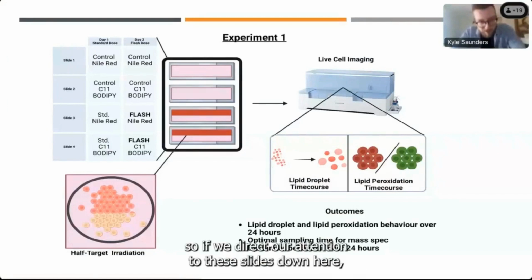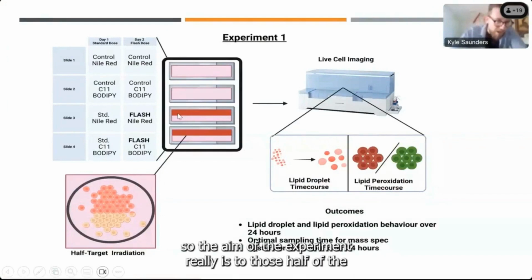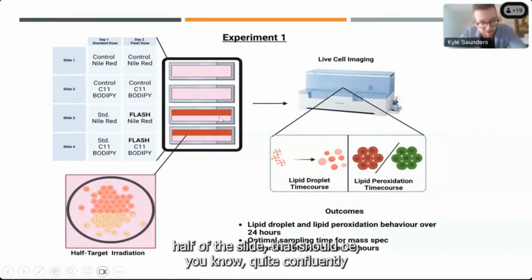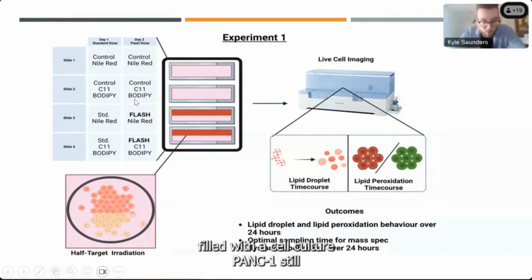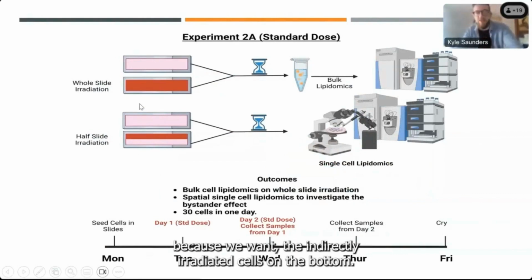So if we direct our attention to these slides down here, these are the ones that are going to be dosed with proton irradiation. So the aim of the experiment really is to dose half of the slide, which should be quite confluently filled with the cell culture. And then we've got the radiation-induced bystander effect there because we've got these indirectly irradiated cells on the bottom.